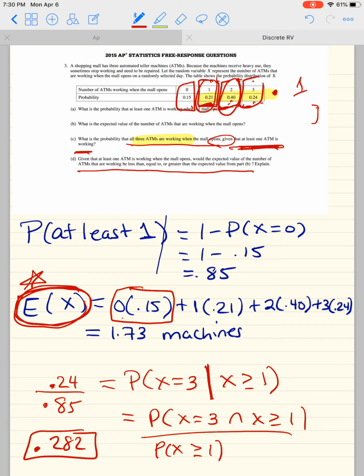And when you multiply it by either 1, 2, or 3, it is going to increase the expected value. So the expected value of the number of working ATMs would be greater than 1.73 because the 0.15 would get distributed to one of the other three X's. So I hope that makes sense. I hope this was a good problem. I hope it was an easy problem.